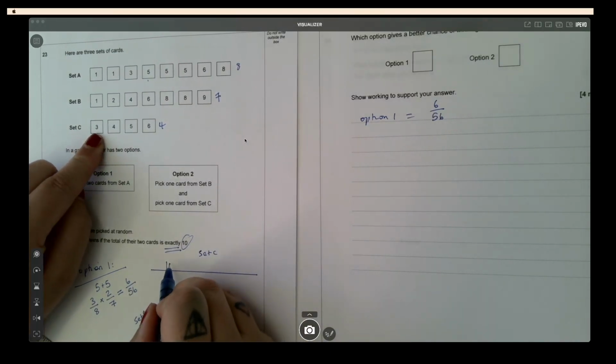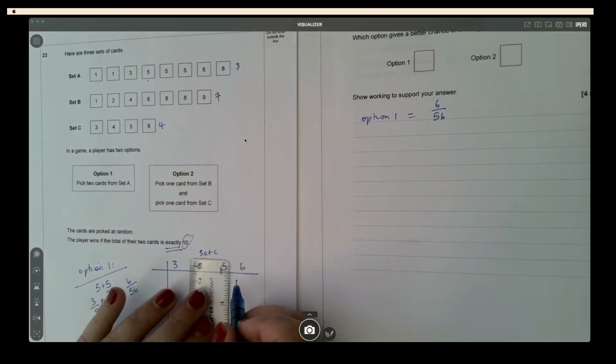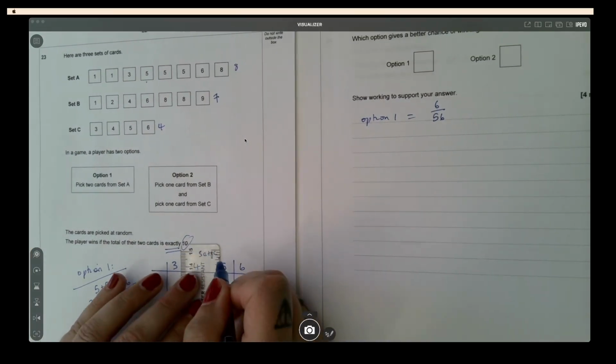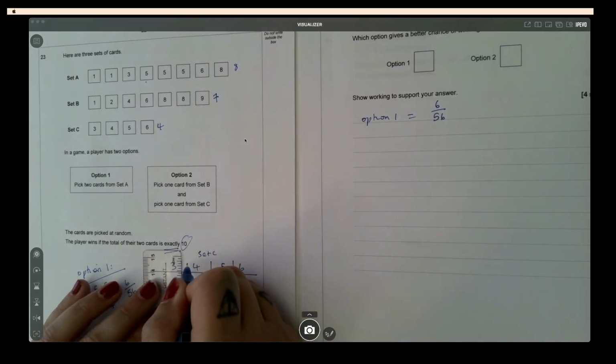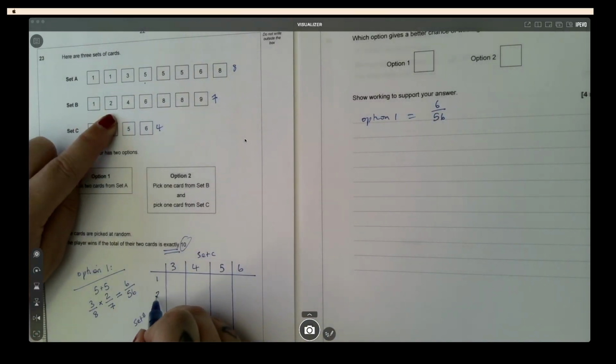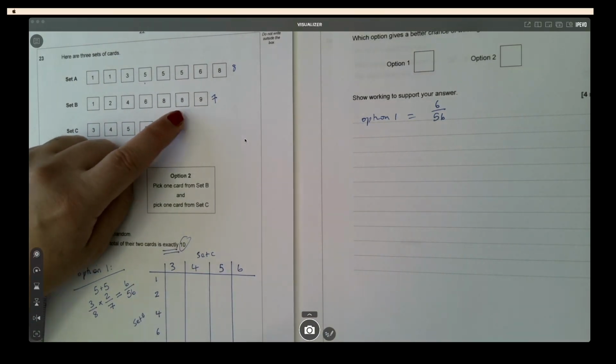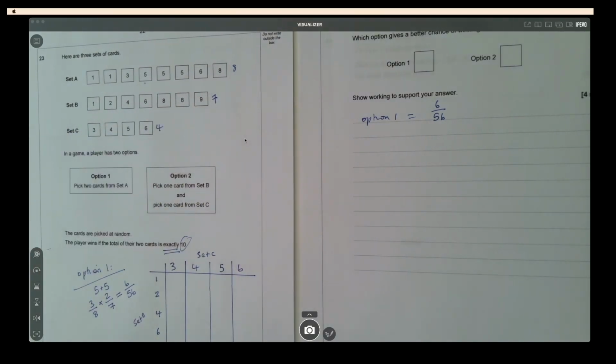So set C, the options are 3, 4, 5 and 6. I just find it easier to sort information into diagrams. And then for set B, we have 1, 2, 4, 6, 8, 8 and 9. So we can extend our lines there.